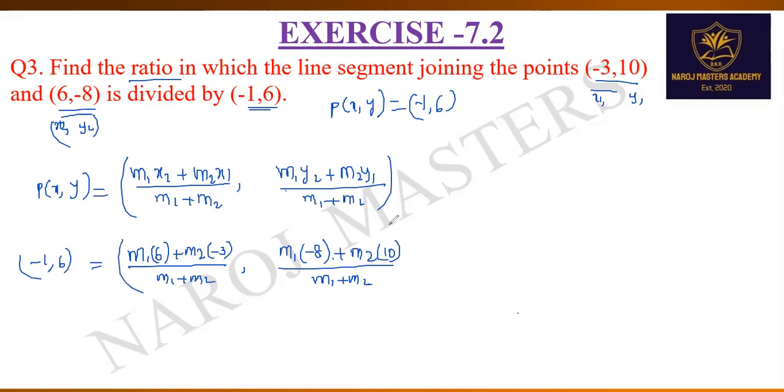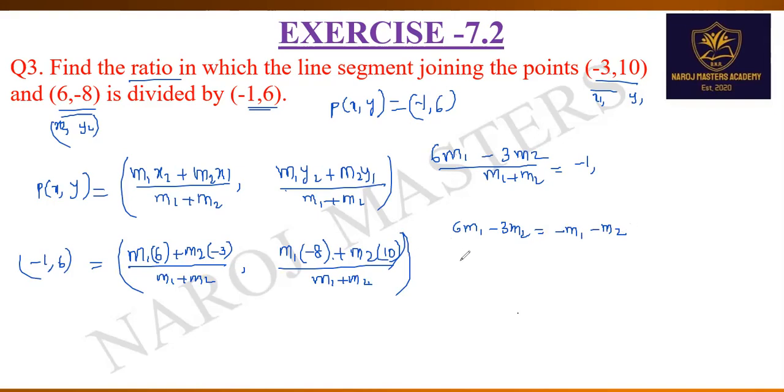Now from these coordinates we can equate the x coordinate with this term and the y coordinate with this term. So 6 times m1 minus 3m2 by m1 plus m2 is equal to minus 1. If you send this m1 plus m2 to this side, then 6m1 minus 3m2 is equal to minus m1 minus m2.